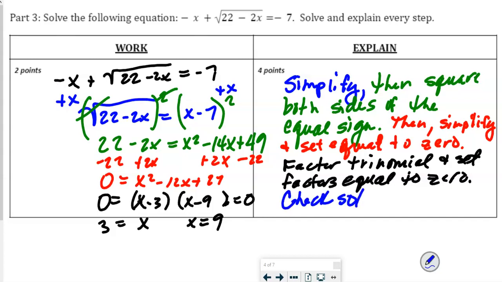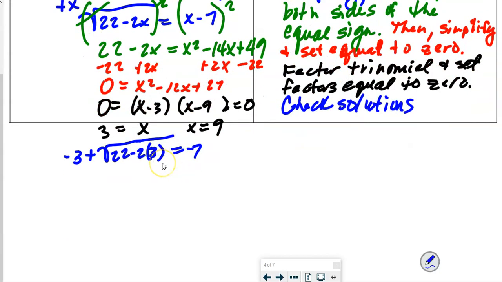Check solutions. Okay, so I'm going to put the 3 back up in here. So I got negative 3 plus the square root of 22 minus 2 times 3. And does that equal negative 7? That's what we're asking ourselves, okay? So I'm going to scroll up so I have a little more space here.